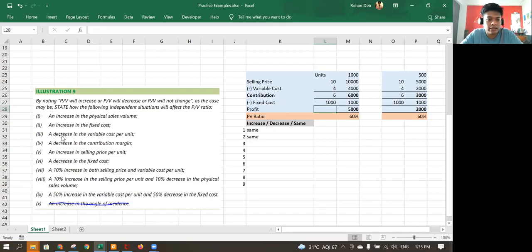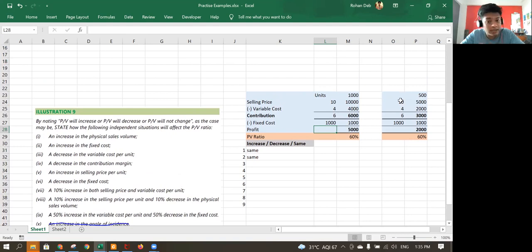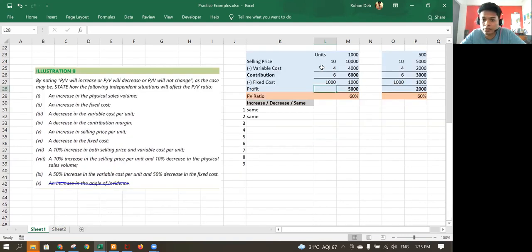Next is decrease in the variable cost per unit. So now think, what will happen if I change this part? If I decrease this variable cost per unit, what will happen to my contribution? Contribution will go up. If I make this 3, contribution will become 7. So even the variable cost decreasing means contribution is increasing.